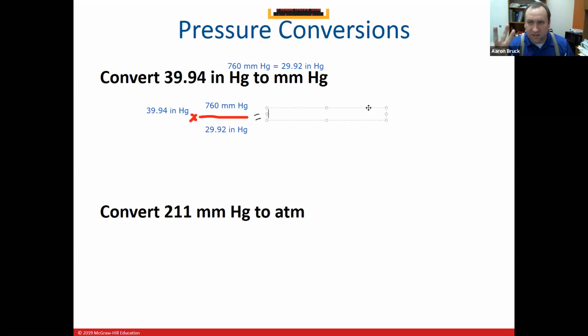To 3 significant figures, because I have 3 here in my 760, it would be 1,010 millimeters of mercury.